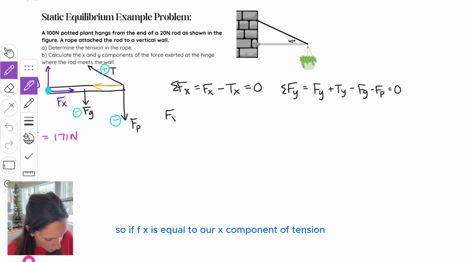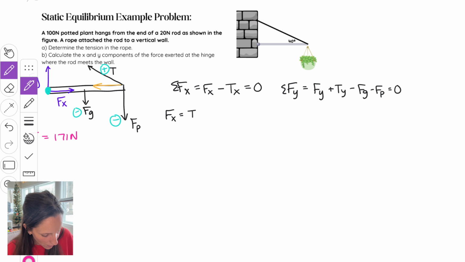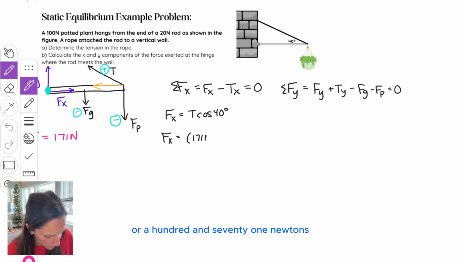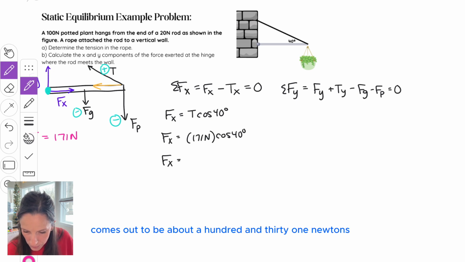So Fx is equal to our x component of tension, that would be our tension force times the cosine of 40 degrees, or 171 newtons cosine 40. So the x component of our tension force comes out to be about 131 newtons.